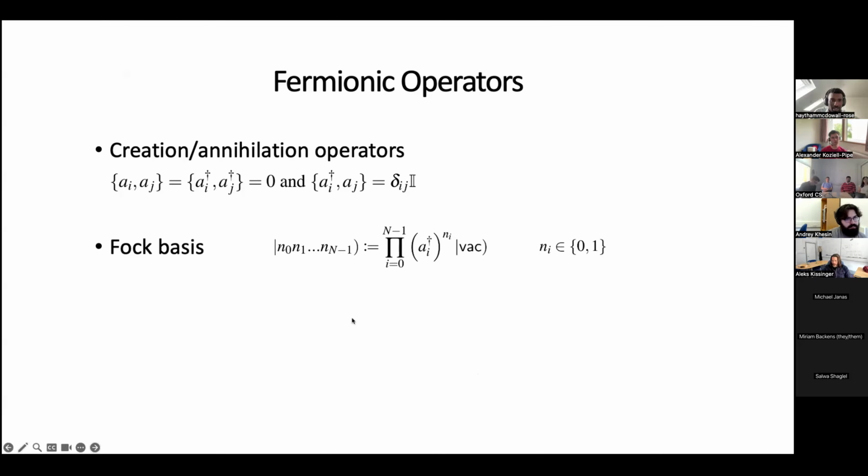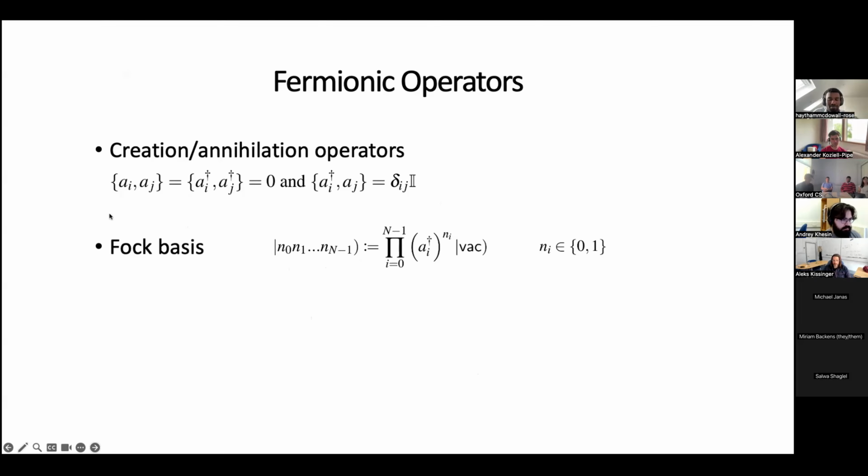But this is the basic mathematical formalism. It's very similar to qubits in that we have a basis that's made up of bit strings, and we have these standard operators. The special thing about these operators is that they need to anti-commute with each other.